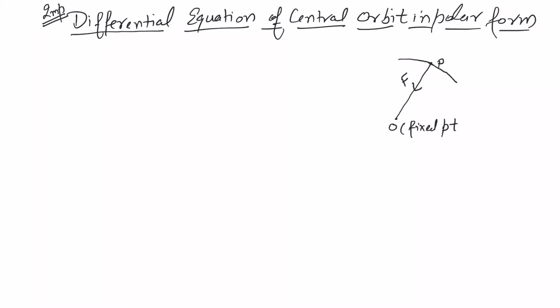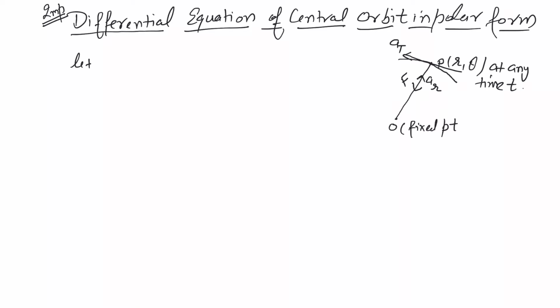As the particle is attracted towards the center, it has radial acceleration, and it will also have the transverse acceleration. That component will later be 0. Let the coordinates of the particle be r and theta at any time t. So let us write these things.